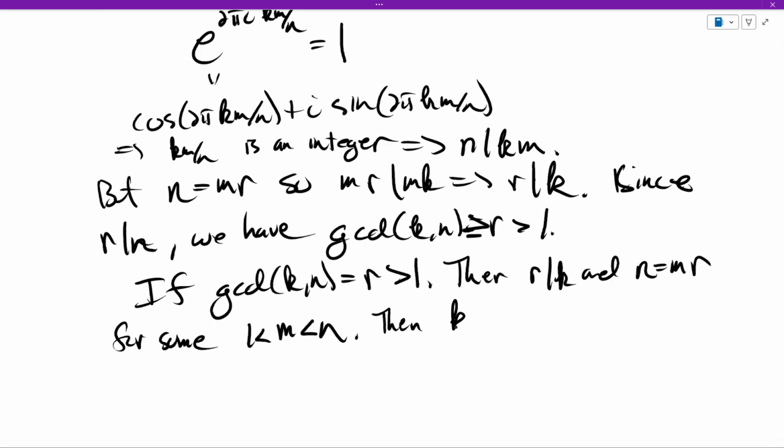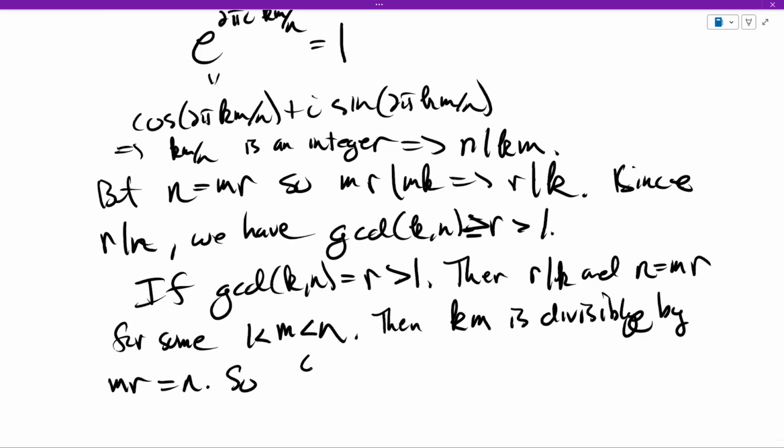Then from this, we get that k times m is, again, divisible by m times r, because r divides k, so mr divides mk, but mr is equal to n.